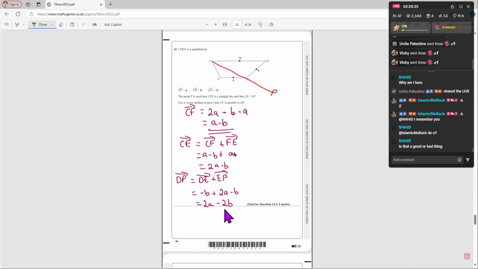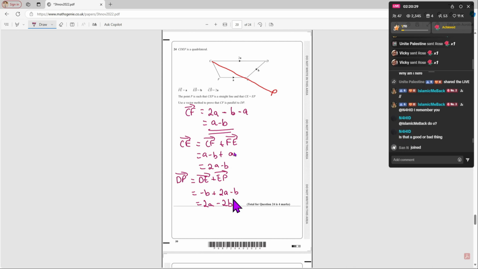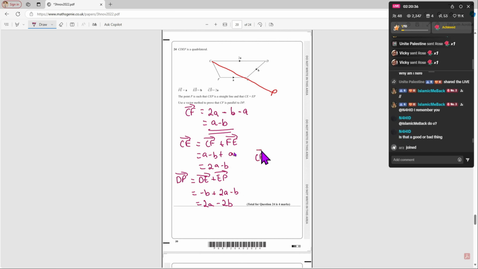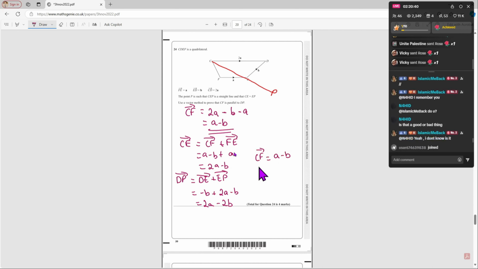And then finally, once we have done that, now we need to show that they are parallel. We need to show that CF is parallel to DP. So we know that CF is equal to A minus B. We know that DP is 2A minus 2B, sorry. That means they're parallel to each other.